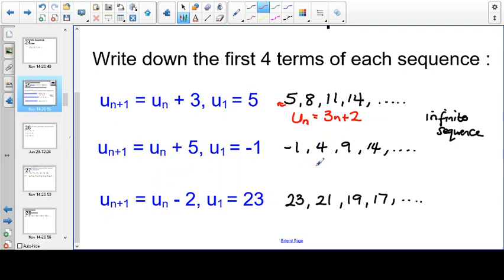This one here is going up by 5 each time, so that's going to be 5n, and if we go back a place, we'll get to -6. And this one here is going down by 2 each time, and if we go back a place, we'll get to 25. So each of these arithmetic sequences, we can work out its own nth term.